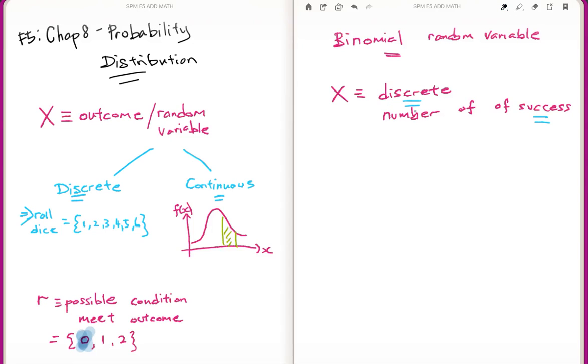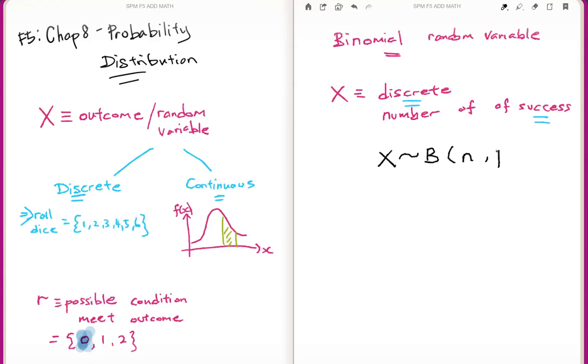So how do you normally represent it? It will be represented in this manner: X tilde B(n, p). This symbol is similar to the one on your keyboard, next to the left-hand side below the escape key, a tilde. B represents binomial. N represents the number of trials.